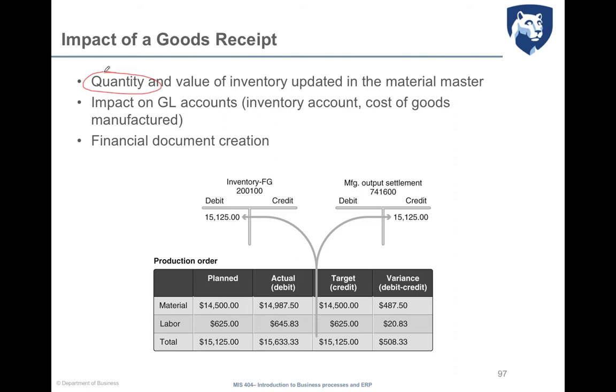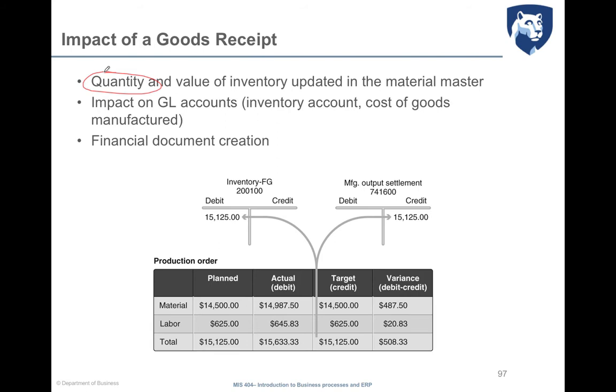Then you have an impact on the general ledger account, because general ledger accounts are updated to reflect the financial consequences of goods received. So I have produced something and I put that in stock, in semi-finished, in finished goods inventory. In particular, usually the inventory account which is involved here is our material master, which is debited, and manufacturing output settlement, which is credited.